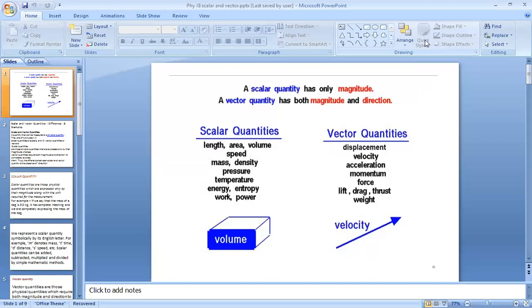These all are scalar quantities which require only magnitude, not direction. While the examples of vector quantities are displacement, velocity, acceleration, momentum, force, lift, drag, thrust, weight. These all require direction.